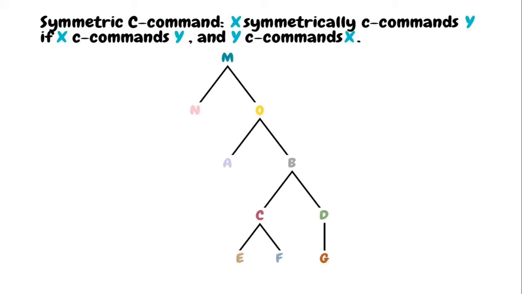The first, N symmetrically C-commands O, and O symmetrically C-commands N. Then we have A symmetrically C-commands B, and B symmetrically C-commands A. Then the third one is between C and D. C symmetrically C-commands D, and D symmetrically C-commands C. The last one is between E and F. E symmetrically C-commands F, and so does F.